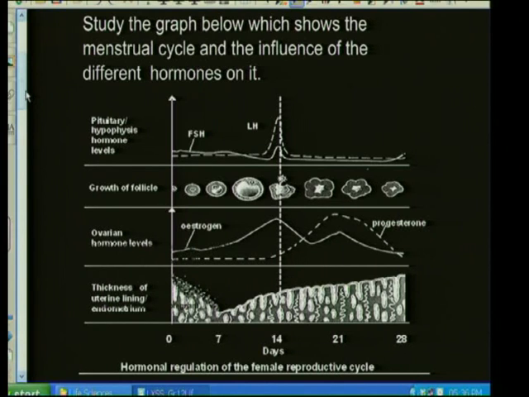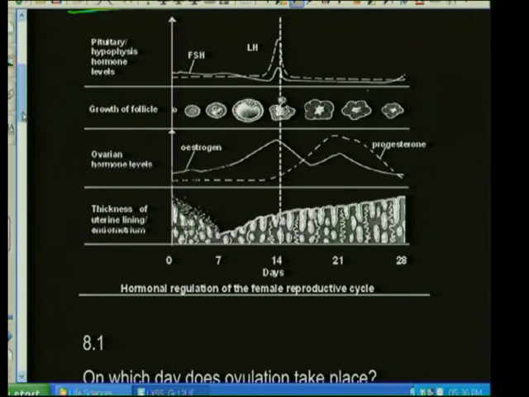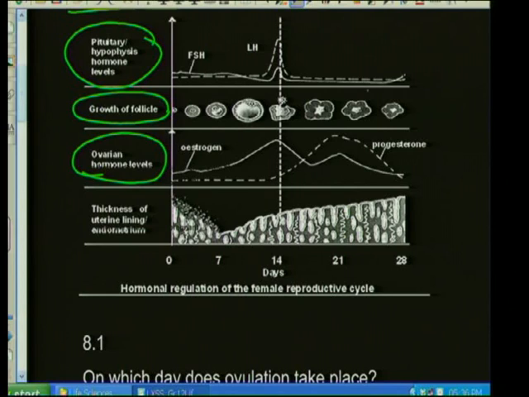Question 8, still on graphs. Study the graph below which shows the menstrual cycle and the influence of different hormones on it. Now watch this graph carefully. This area here talks about the hormones of the pituitary gland. This part of the graph talks about the growth of the follicle. This one talks of the ovarian hormonal levels, in other words, the hormones inside the ovary.